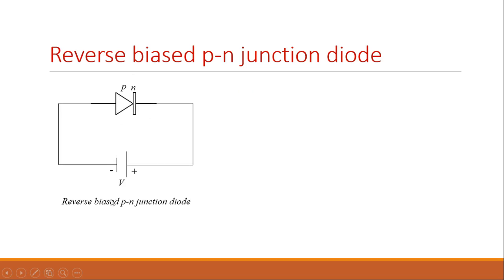This is a diagram for a reverse biased PN junction. The only difference you will see is that instead of connecting the positive terminal to P, we have connected it in the opposite way. The negative terminal is connected to P, positive terminal of the external bias is connected to N, then the diode is said to be reverse biased.